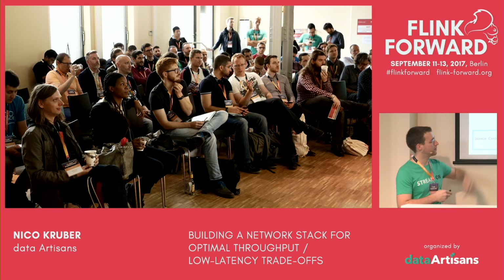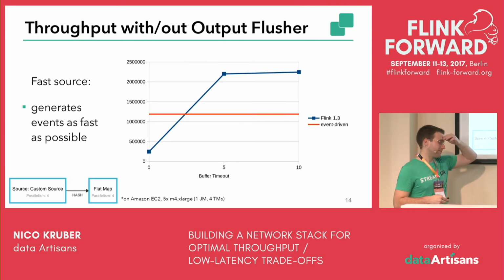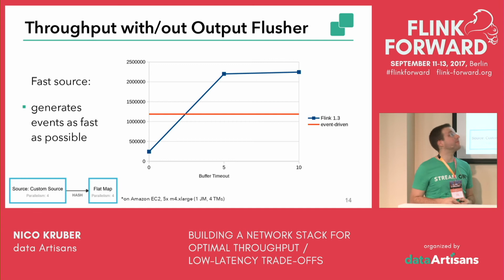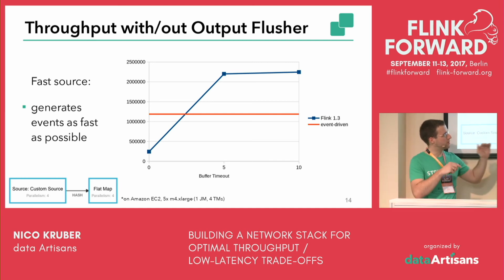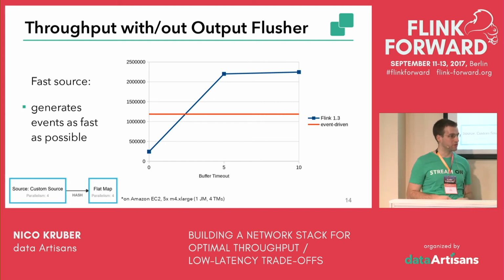So the goal is not just to get the best out of the 2 worlds, but also to remove this configuration, because we want to have this value based on what the network is able to offer you. And this is the nice thing about this idea.